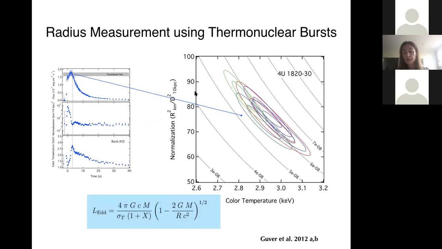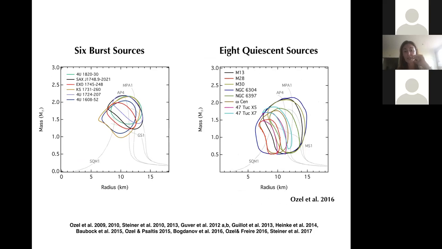And if you look at the normalization versus the color temperature here, if you see repeated Eddington limited phenomena, you can use this peak flux that the burst reaches as a measure of this Eddington luminosity, and it gives you another measurement of the combination of mass and radius. Using these, you can break this degeneracy between the mass and radius.